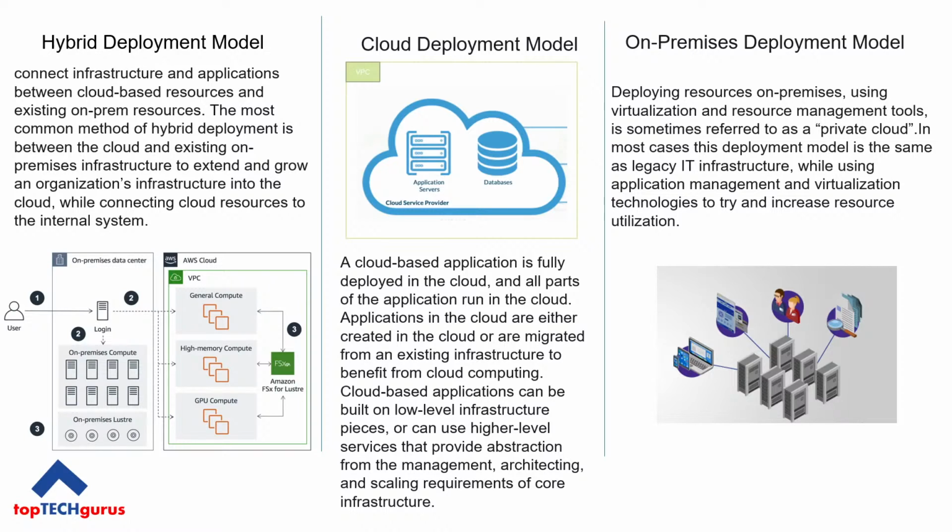In this scenario where you do hybrid deployment, note that we still build a virtual private cloud, and within it we put all our compute. The computes are all servers that do the computing work for us.